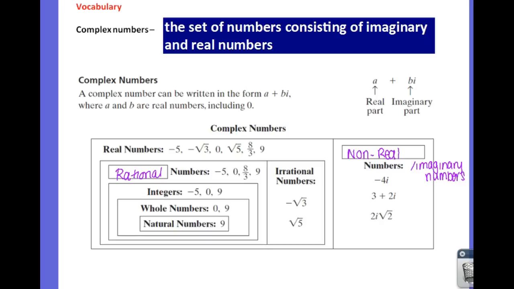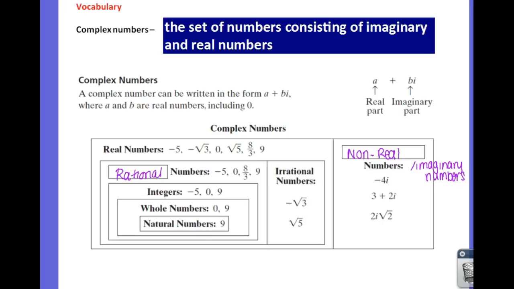So a complex number is a number that can be written in the form a plus bi. The very last example we did today, where you have i to the 6th plus i cubed and we got negative 1 minus i, was a complex number because the real part was the negative 1 and the imaginary part was the negative i.